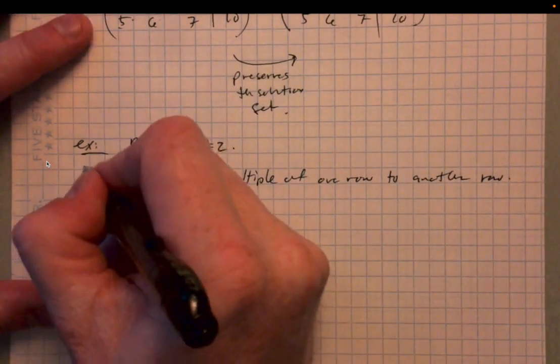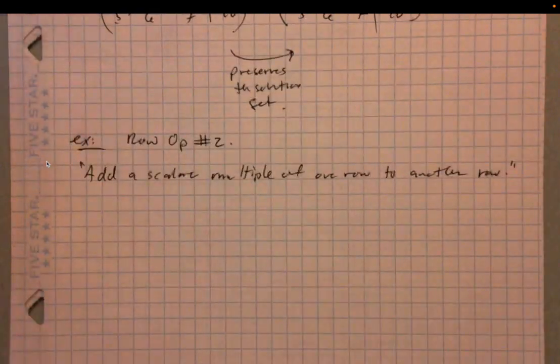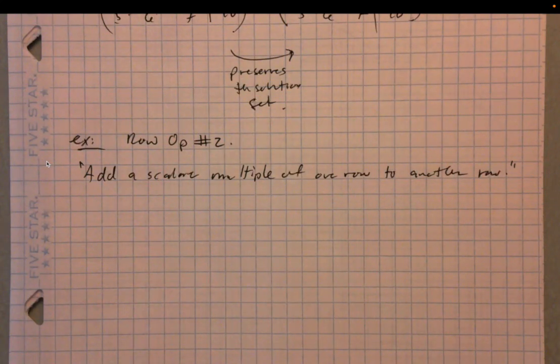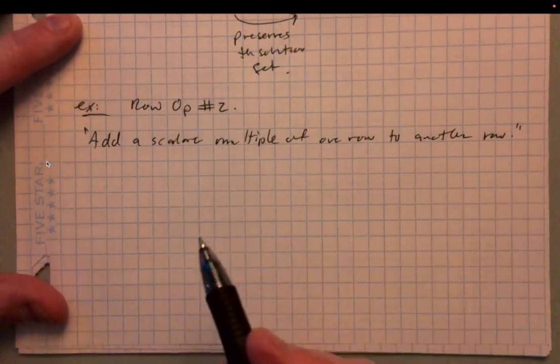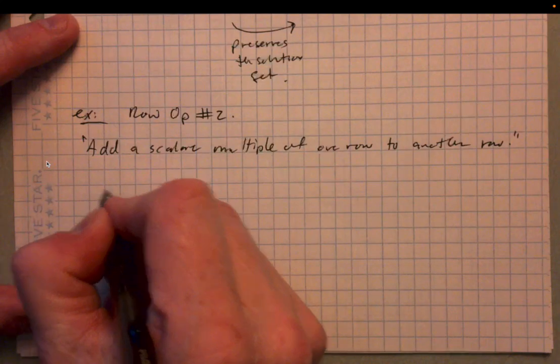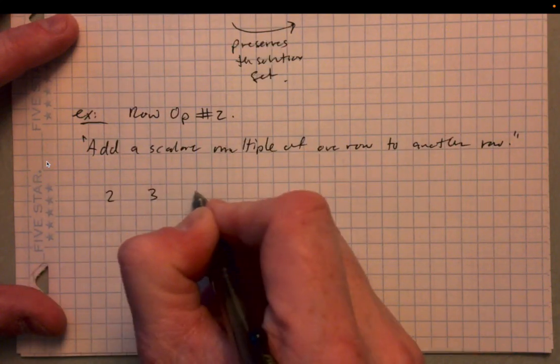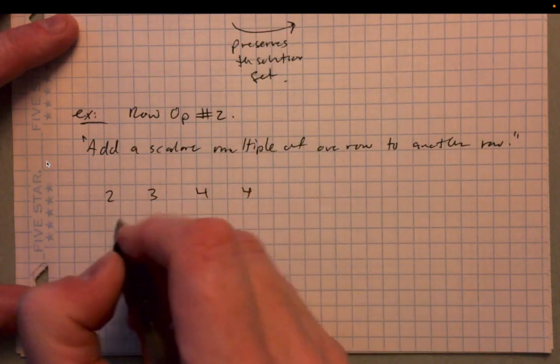Now, this is by far the most challenging of the three row operations. It's not rocket science or anything, not terribly difficult, but it requires the most mental math. So let's start with a matrix, the same one: 2, 3, 4, 4, 5, 6, 7, 10.